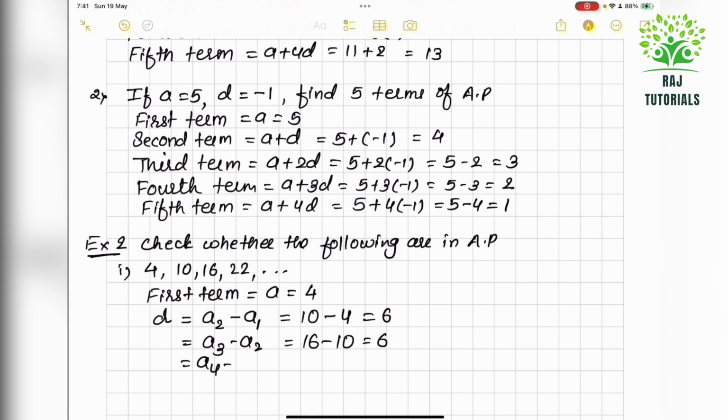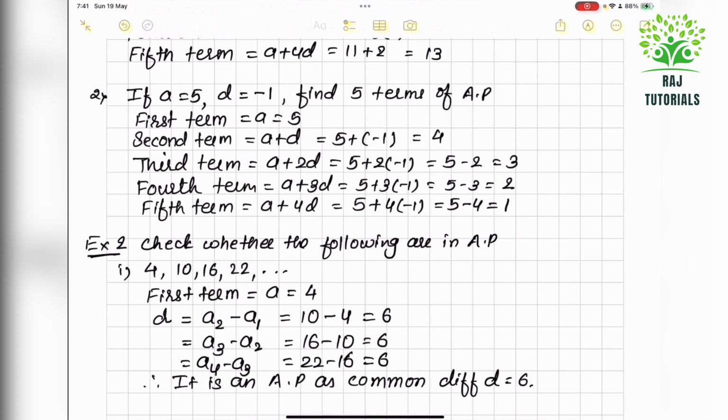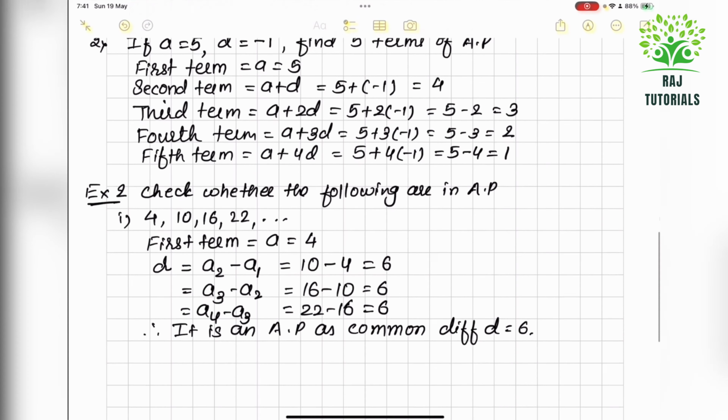Then A4 minus A3, so 22 minus 16, so that is also 6. So therefore it is an AP with common difference D equal to 6. As D is the same in all the terms, I can say it is an AP.